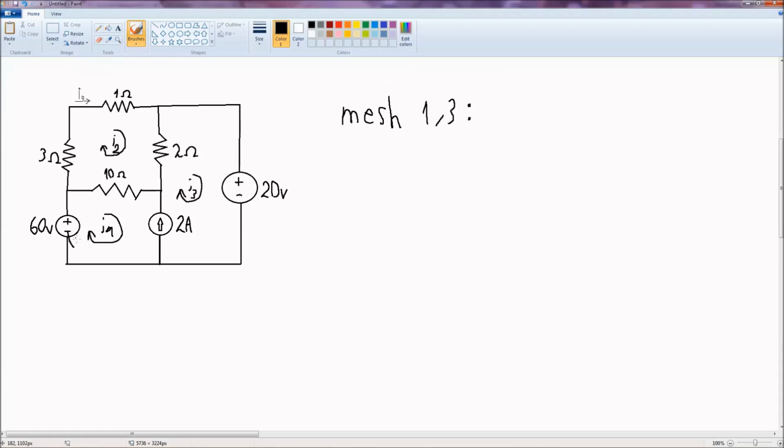So firstly, the current I1 enters the minus of this voltage source, so we have minus 60, then plus 10 I1 minus 10 I2, and then we continue like this, as if we never stopped. And we write the equation for this mesh, but like this.